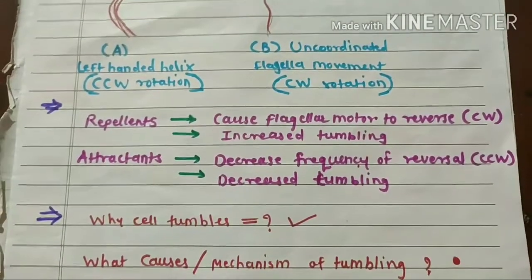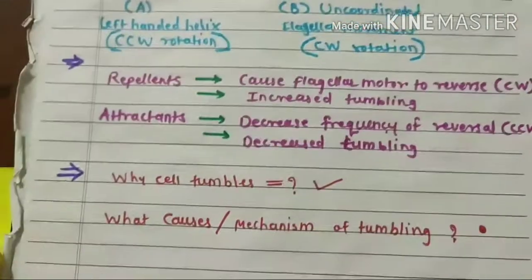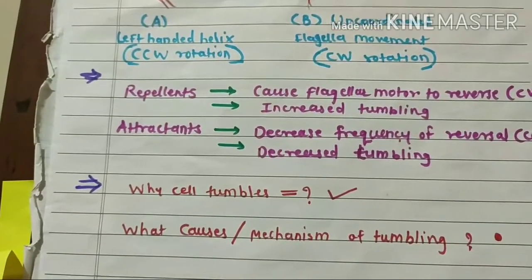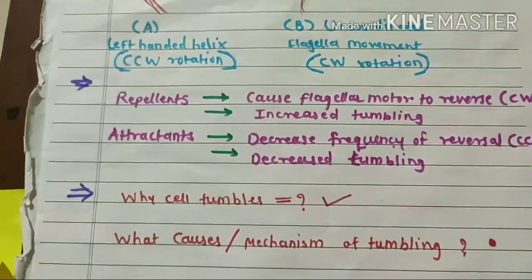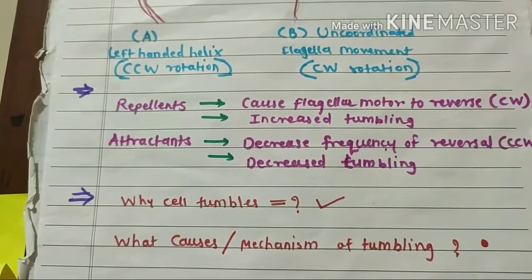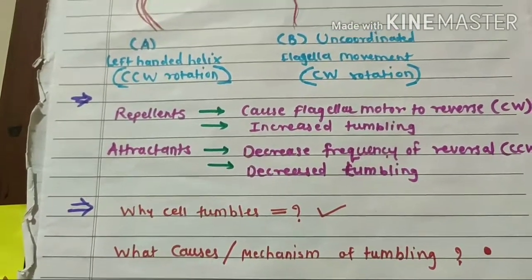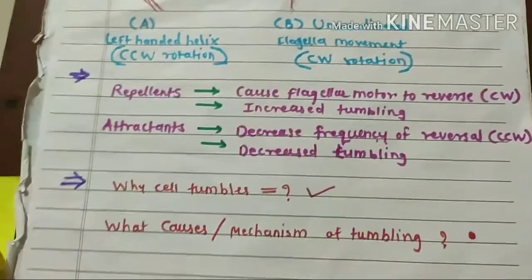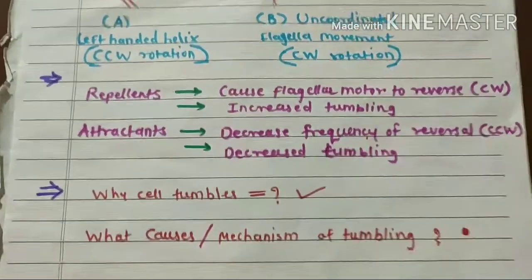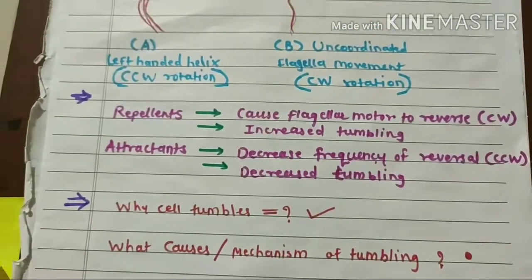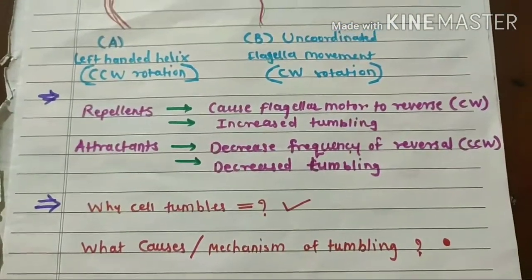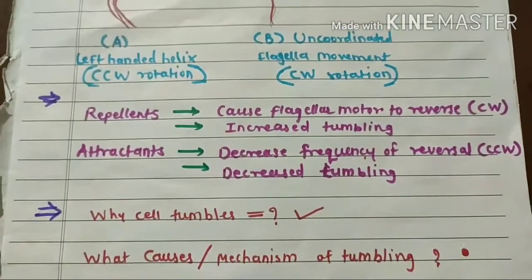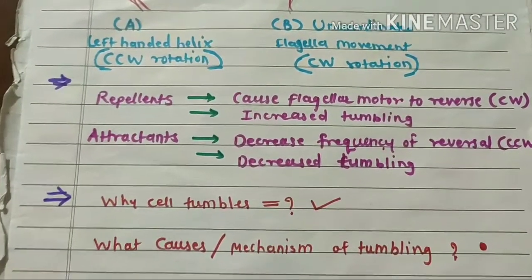For that, there is a signaling system involved which senses the presence of attractant or repellent and sends the signal to the cell, and the cell accordingly tumbles, or the frequency of tumbling increases or decreases depending upon the presence of attractant or repellent in the media. So let's see what the chemotaxis signaling system is.